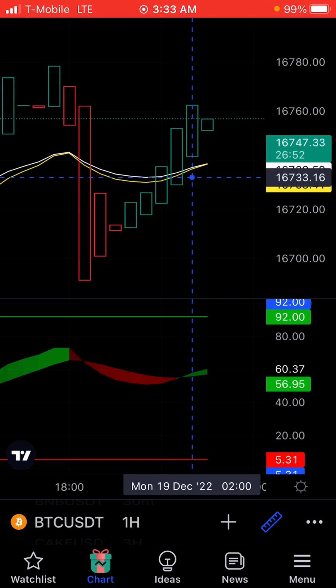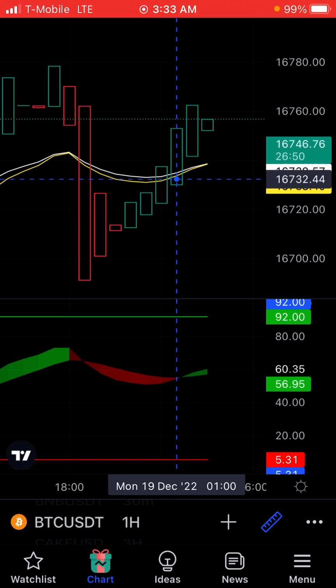You can also notice I have the 2025 EMA here, and I've made a video about that, and that alone is signaling that it's going to go up too. So right now I have two confirmations that Bitcoin is about to go up.